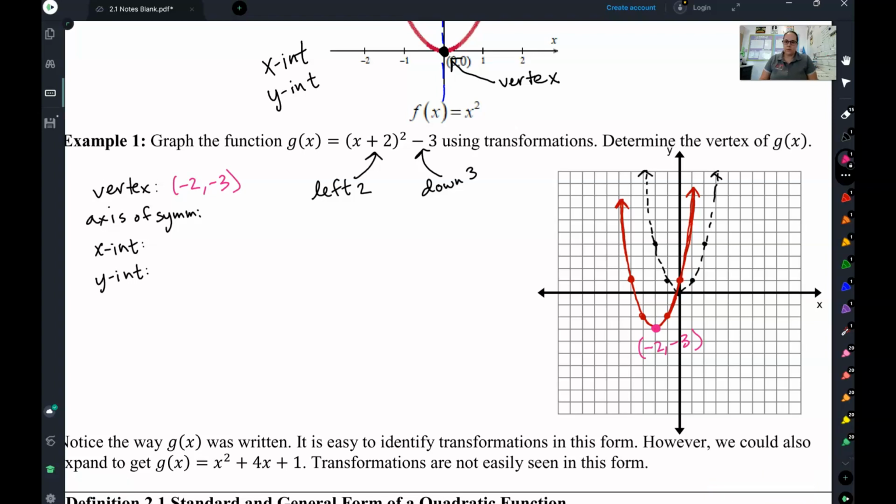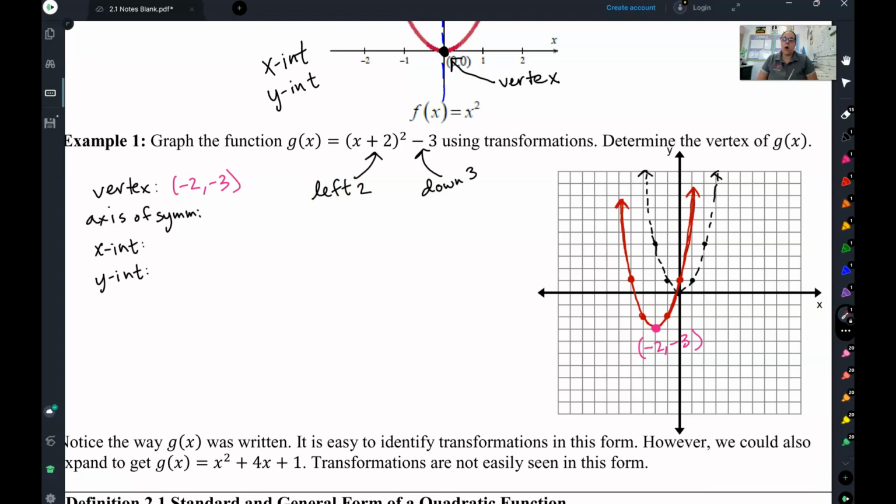And wait. Before I move on to axis of symmetry, -2, -3. Aren't those the same numbers that were in our transformations? Except this one gets flipped because since it's inside, we always do it opposite.